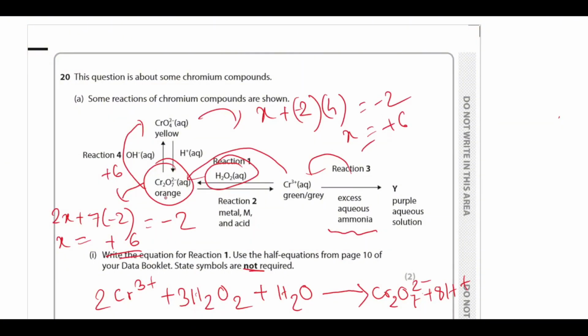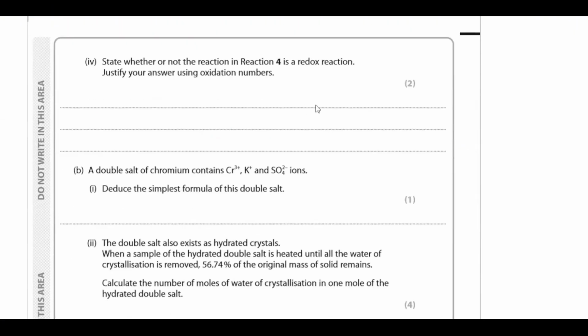So we can clearly see that the oxidation number is not changing, even though the color is changing. The oxidation number of chromium is not changing, so it is not a redox reaction, considering no oxidation takes place, because for a redox reaction to take place, both oxidation and reduction are supposed to take place simultaneously.